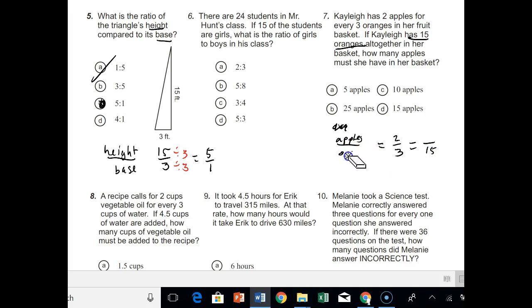It would help if Mr. Mason knew how to spell, huh? Oranges. Right, and X on top. So when we multiply straight across, we get 3x is equal to 30, right? 2 times 15 is 30. So go ahead and divide by 3. Those cancel off. 30 divided by 3 is your answer. X equals 10.